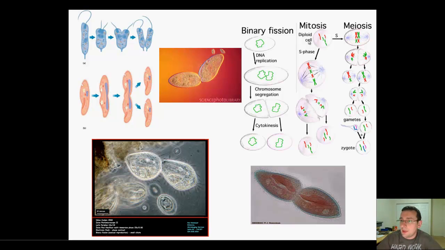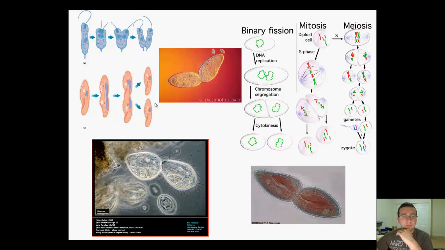And so I wanted to make that clear, because some people get confused that all unicellular life does binary fission, but that's not true. Some unicellular life is eukaryotic. There are simple eukaryotes out there which do mitosis just like you and me before they actually separate in half. So these cells that you're seeing on the board were separated by mitosis, not binary fission.